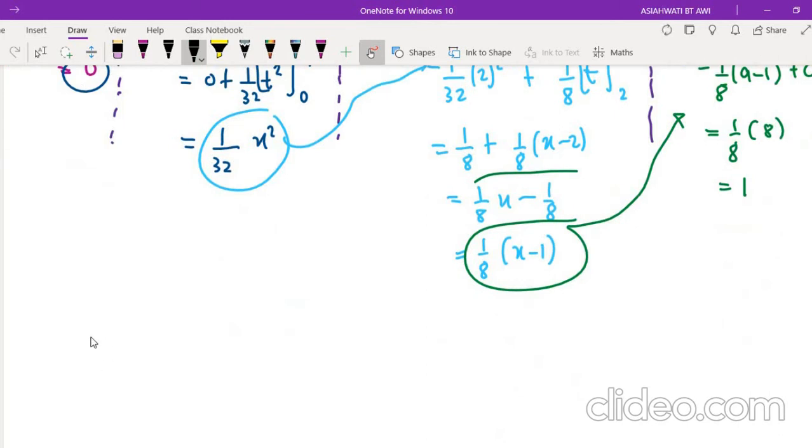So we need to represent the answer as a function F(x).